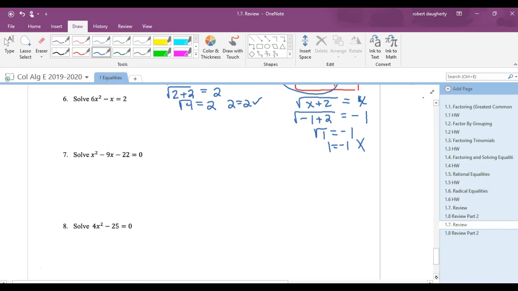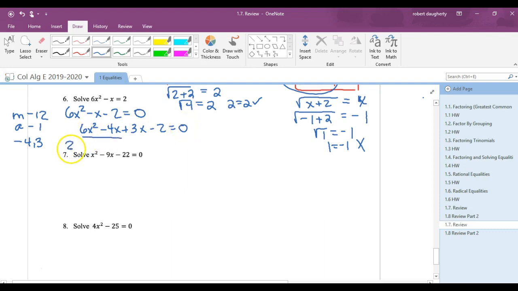A few examples of solving here. I need this equal to 0. So I need two numbers that multiply to negative 12 and add to negative 1. Those numbers should be negative 4 and 3. So this is 6x squared minus 4x plus 3x minus 2 equals 0.